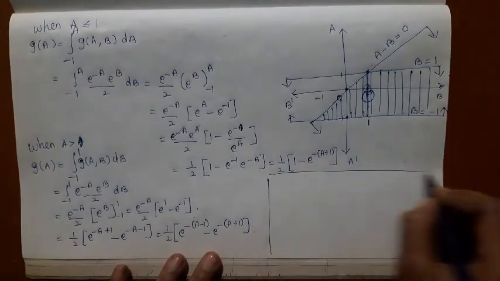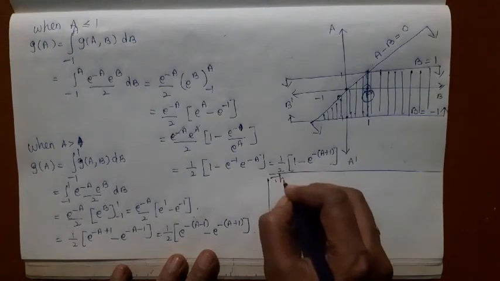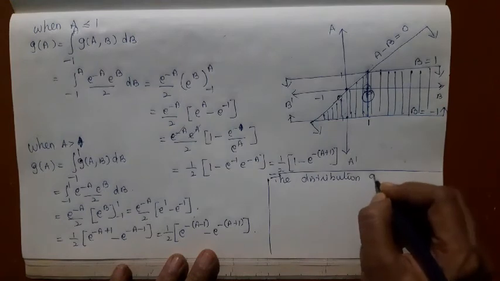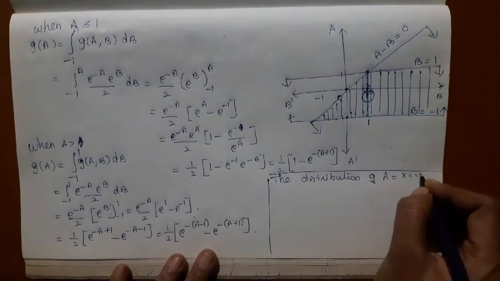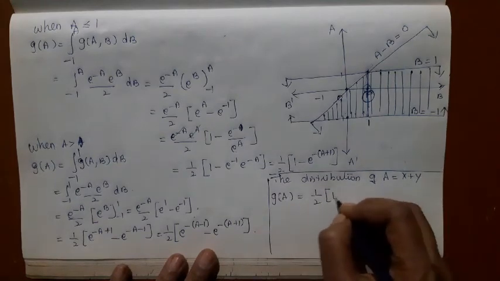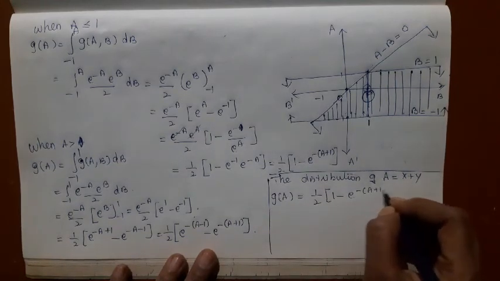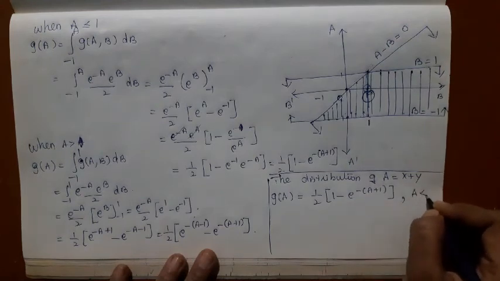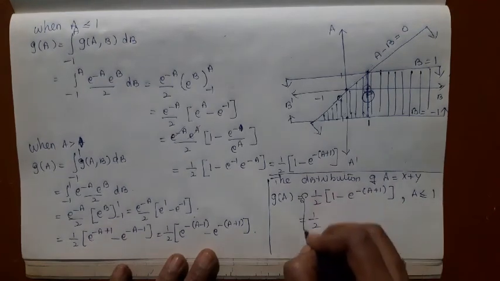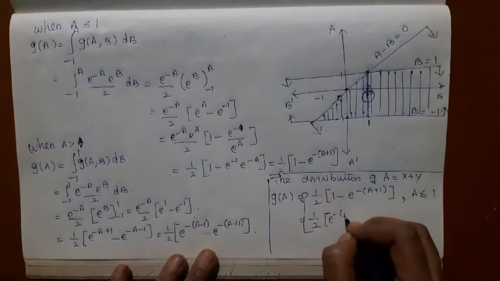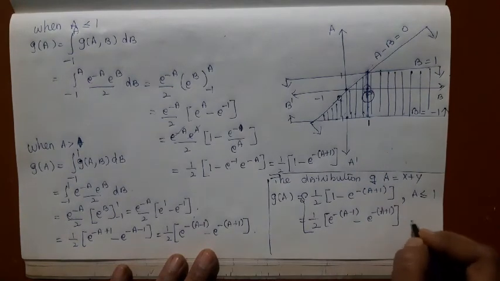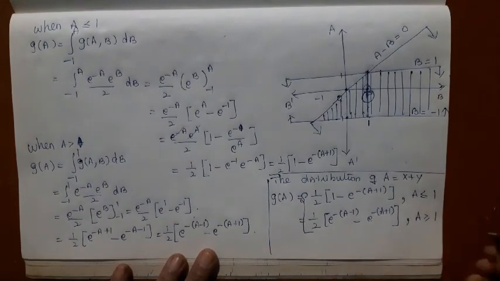Let us summarize, right? So the distribution of x plus y, I name it as the variable A. G of A is equal to 1 by 2, 1 minus e power minus A plus 1 when A is less than or equal to 1, and it is equal to 1 by 2 into e power minus A minus 1 minus e power minus A plus 1 when A is greater than or equal to 1.